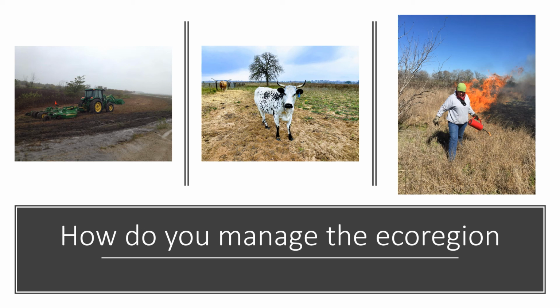So, for example, you would use rotational grazing coupled with herbicide and fire, or you might use predator control as well as native reseeding and planting to achieve a goal.